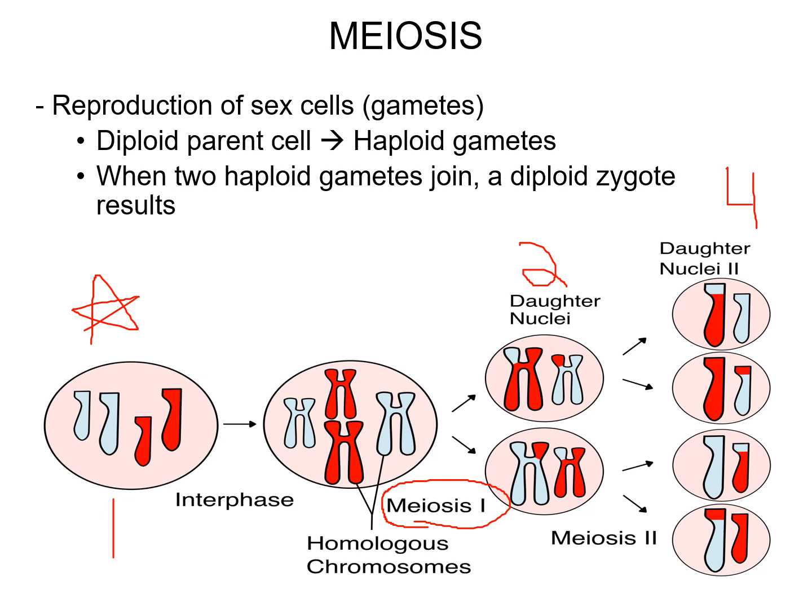get 4 cells. So remember, meiosis is only occurring in the sex cells, in the gametes, once again, sperm and egg. And what we're doing is we are actually shrinking the amount of chromosomes, because this is only unique to guys respectively and girls respectively.